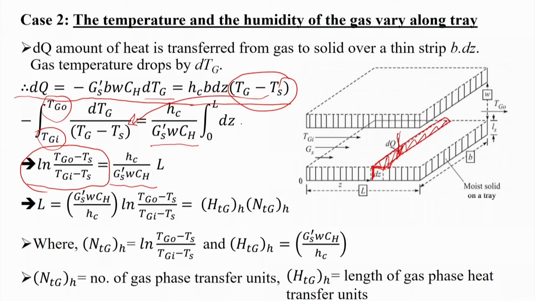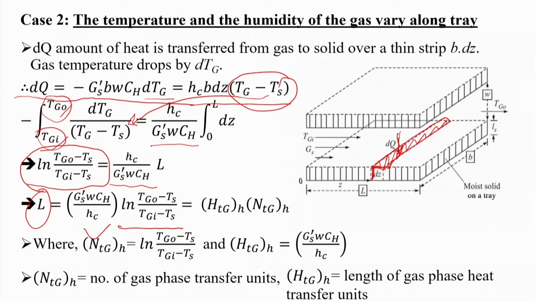Then by manipulation, L will be Gs' into W into Ch by Hc into ln[(Tgo minus Ts) by (Tgi minus Ts)].